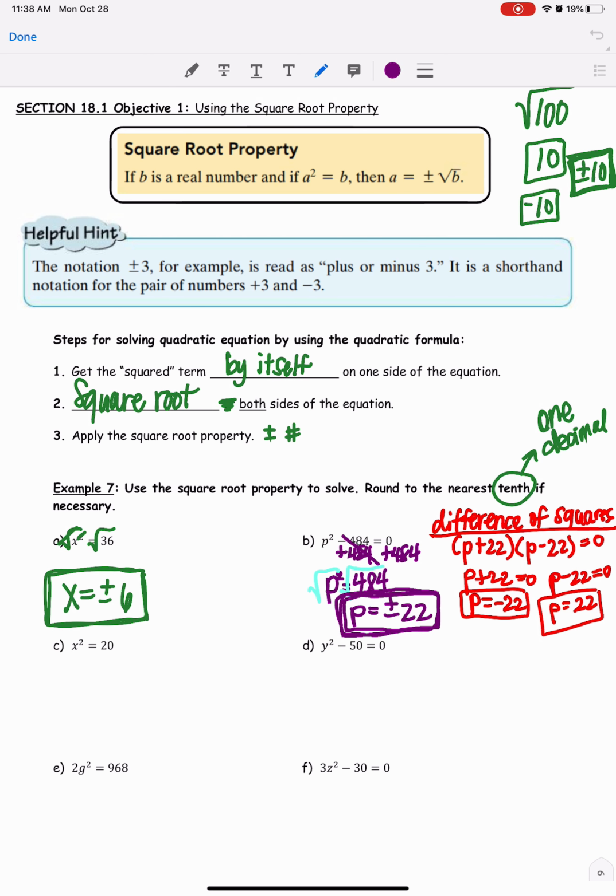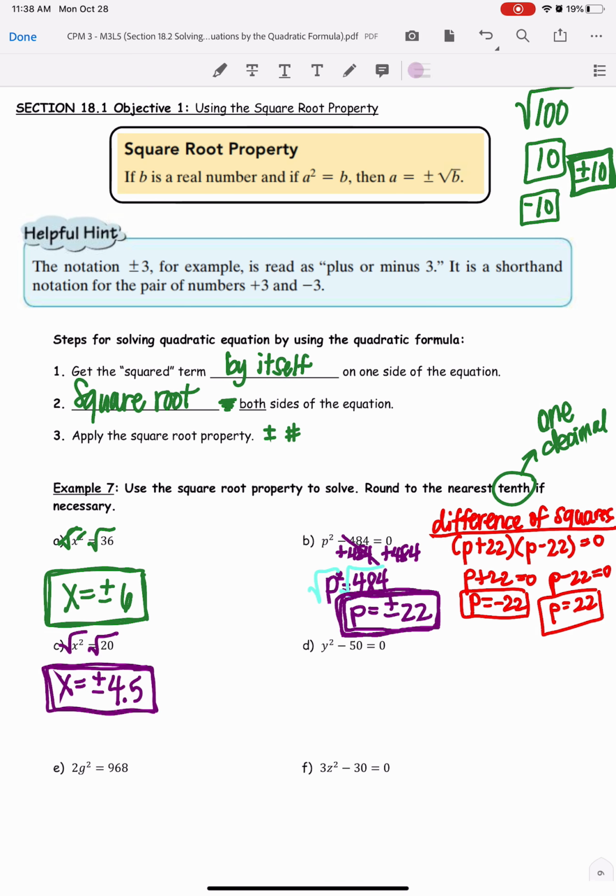Here is your x squared term by itself. Yes, it is. So we're going to take the square root of both sides. This one's not a perfect square, so round to one decimal place. We're going to get x equals plus or minus about 4.5. Here is your y squared by itself.